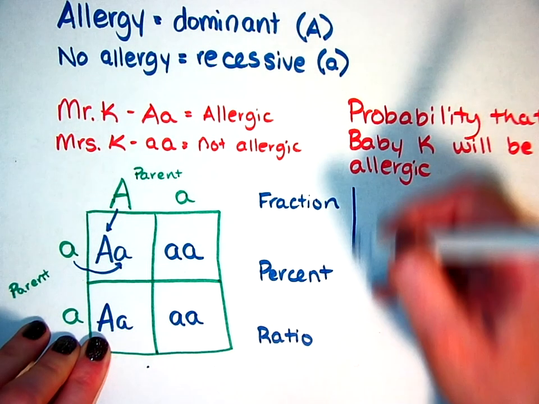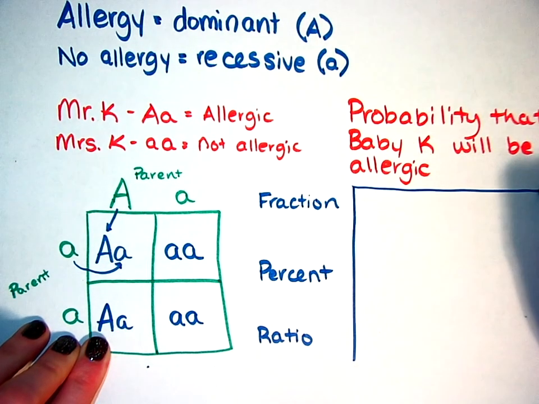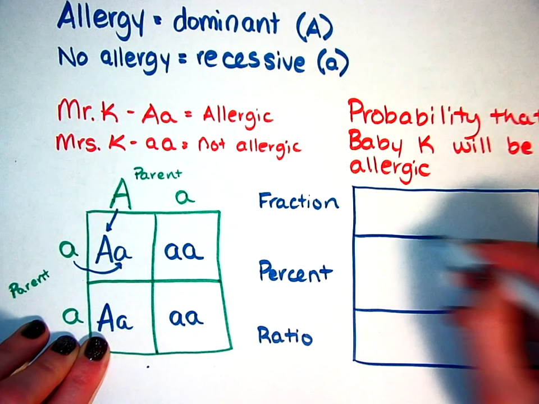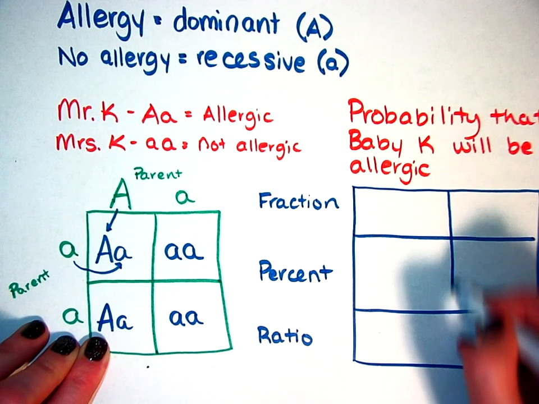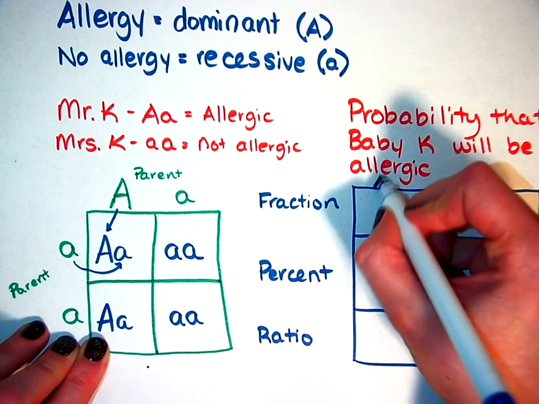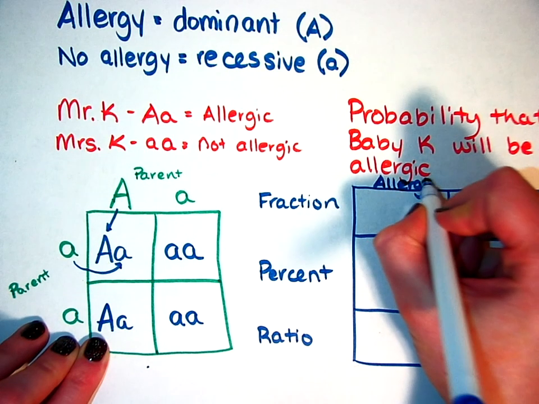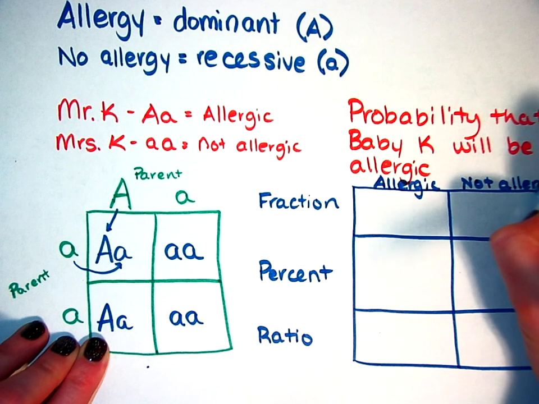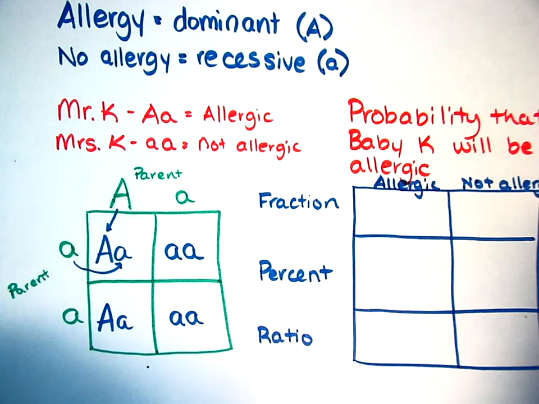We can actually turn this into a chart if we want to. Let's make a chart. I like charts. We can put the phenotype up here: allergic and not allergic. So here, let's switch colors again. I like colors.